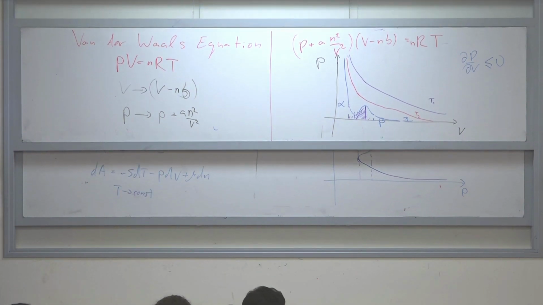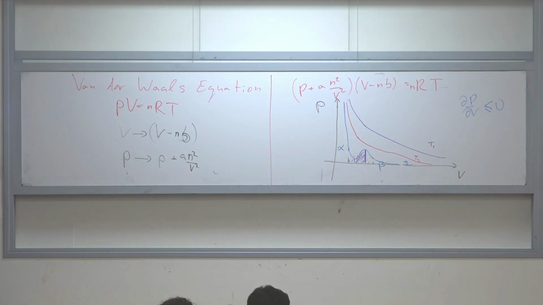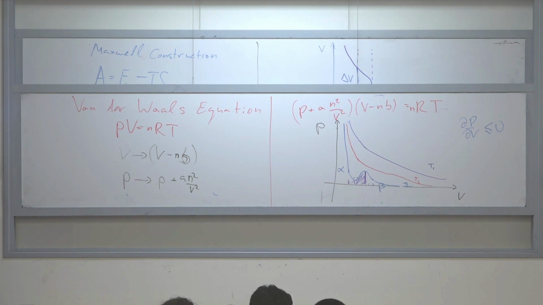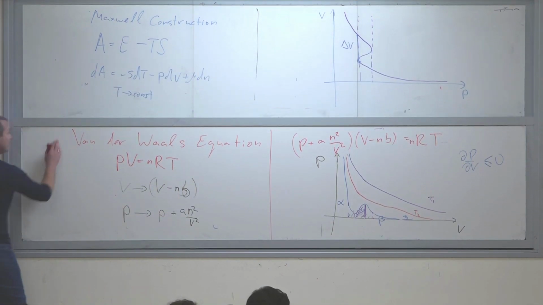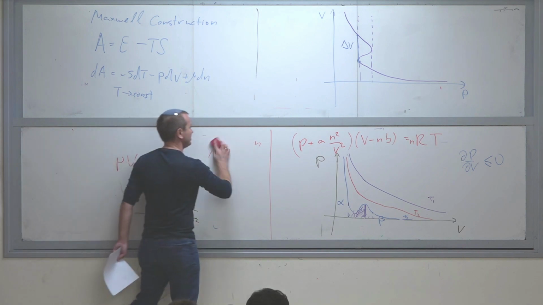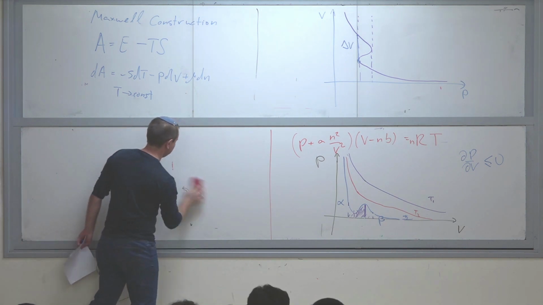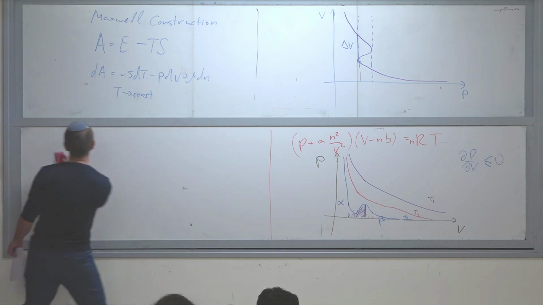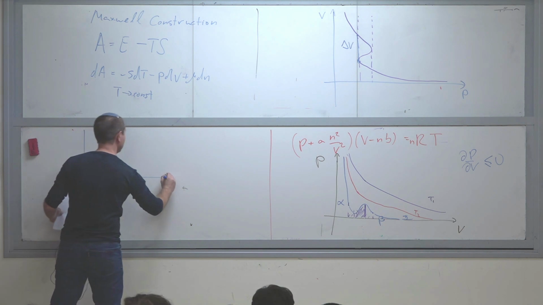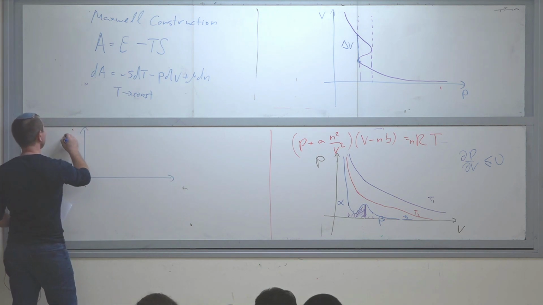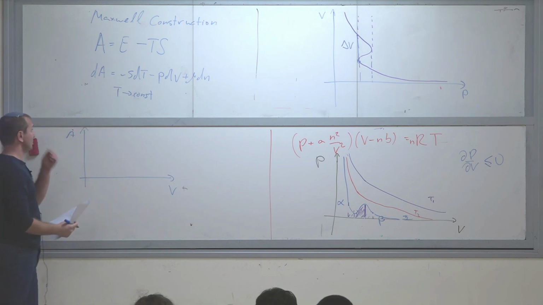Now, if T is constant, and I want to plot the Helmholtz free energy as a function of the volume, so this is A, this is V, okay?